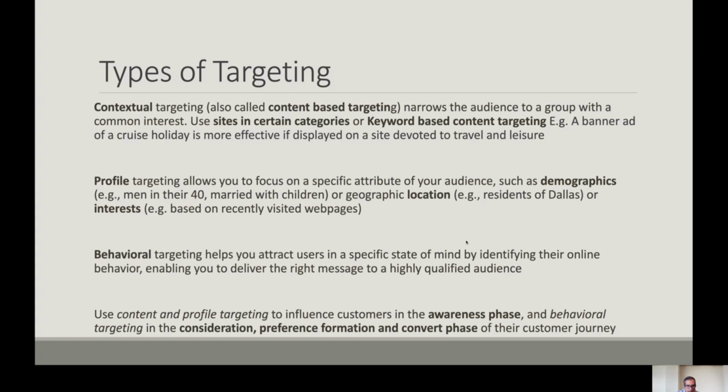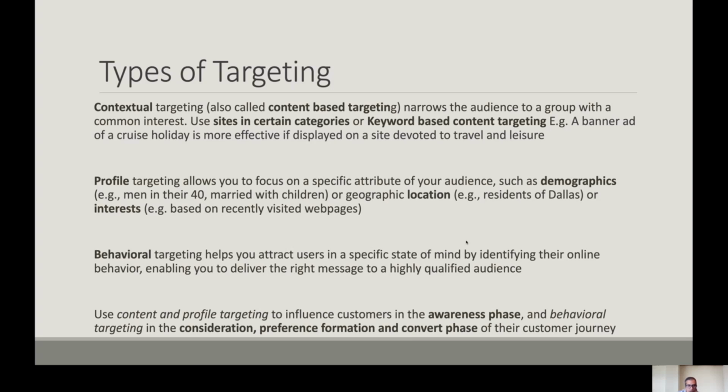And then finally, we have what is called behavioral targeting, which says that you could target people who are in a specific state of mind in terms of their consumer journey, by looking at their online behavior. And that is why you are able to send the right message to the right audience.